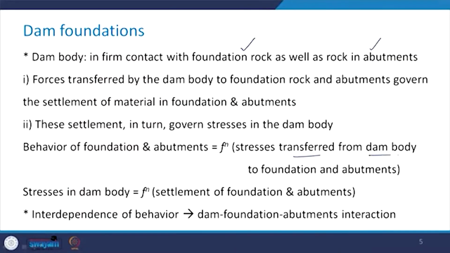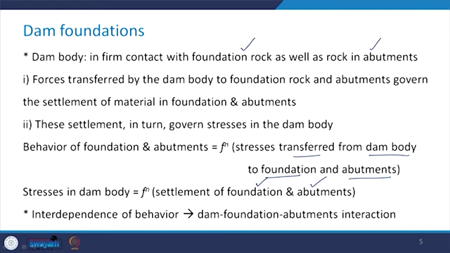The moment there is a settlement, this results in the redistribution of stresses in the dam body, and therefore the behavior of the foundation and abutment becomes a function of the stresses transferred from the dam body to the foundation and the abutments. The stresses in the dam body become functions of the settlement of the foundation and the abutment.